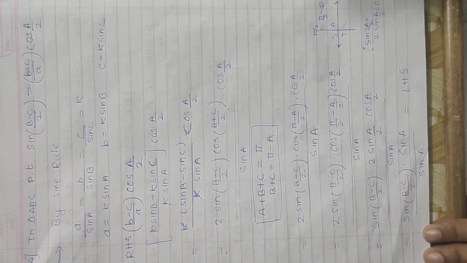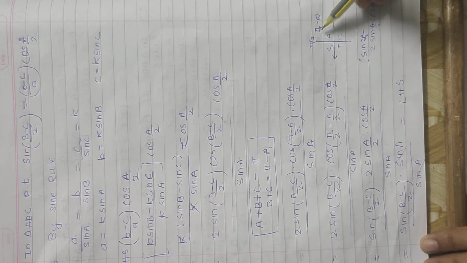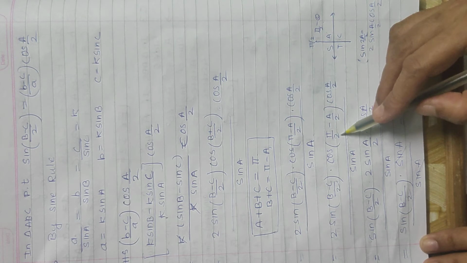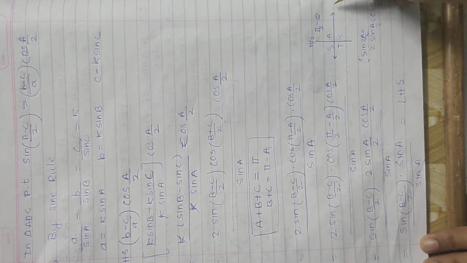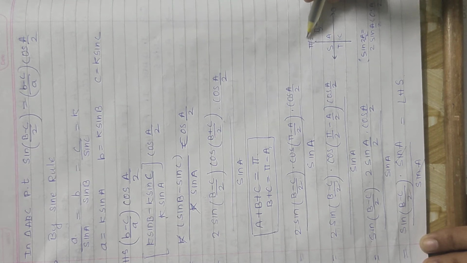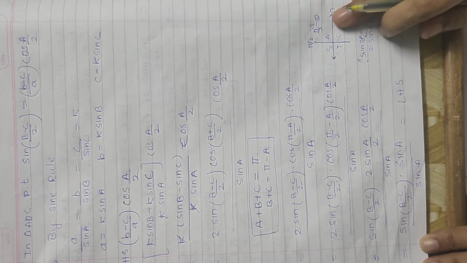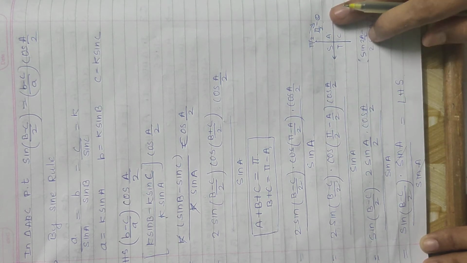Now see here, this is pi by 2 and suppose this is angle theta, pi by 2 minus theta. So here 0 degree, here pi by 2. So pi by 2 minus theta means it will come in the first quadrant. See, pi by 2 minus A/2, pi by 2 minus theta.